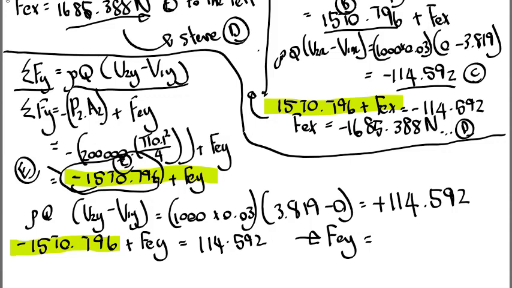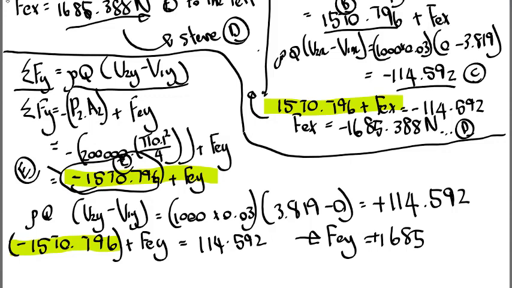So let's use it as we stored it. We'll assume that this is in brackets. We'll take it over to the other side. So it will be the 114.592 minus our alpha E. And yes, that should give you 1685, a positive.